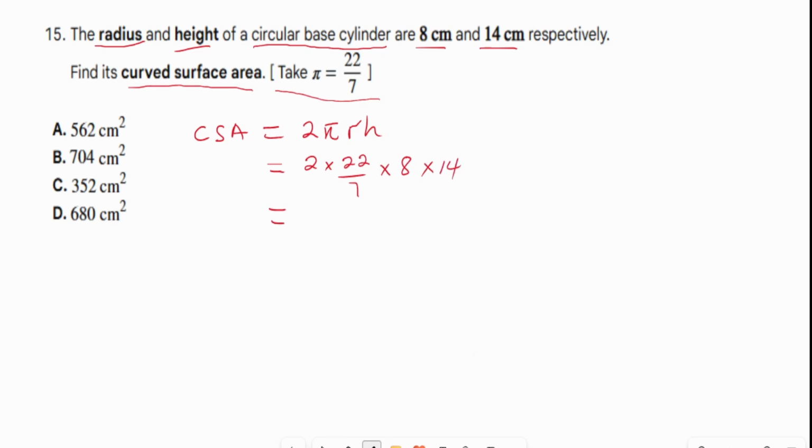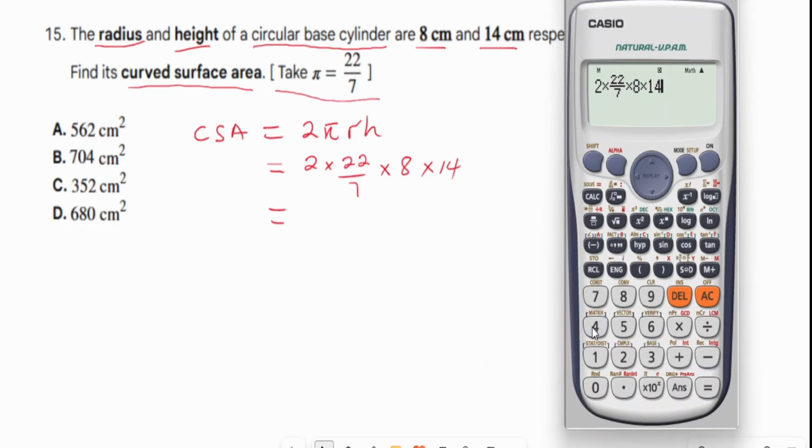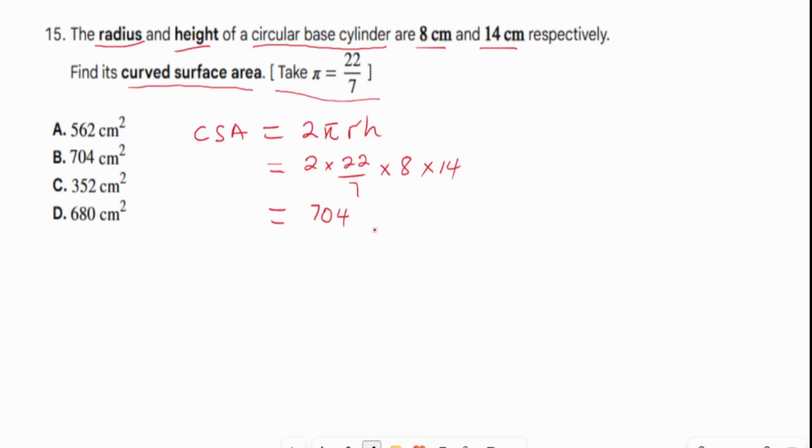I'm not even going to stress because the calculator is here, so let's put that into it quickly. The most important thing is that you put it just as it is written, and then equals 704. And remember, its area we are talking about is 2-dimensional, so centimeters squared. And looking through the options, that is option B.